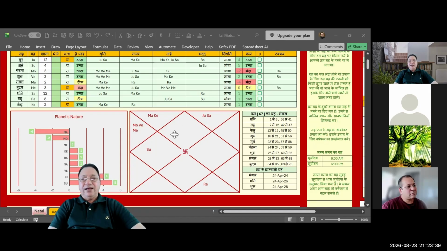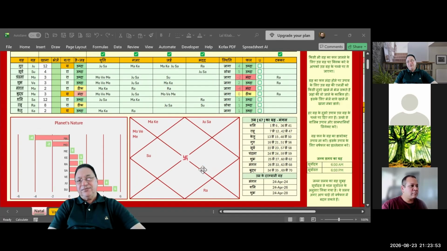So अगर कोई planet यहाँ बैठा है, हम कहते हैं this planet is sitting in the first house. कोई planet यहाँ बैठा है तो हम कहते हैं this planet is sitting in the second house, third house, like that. But then what to do with it?